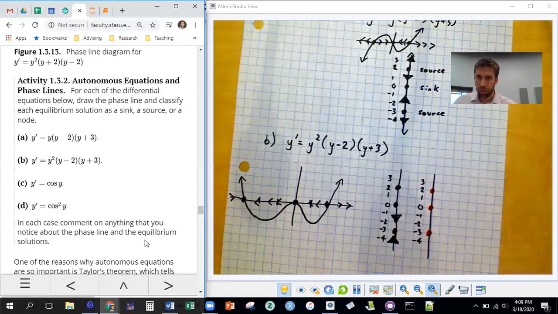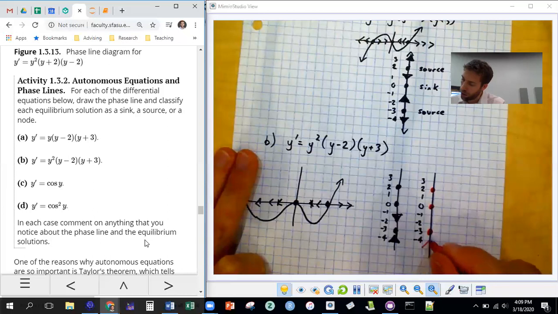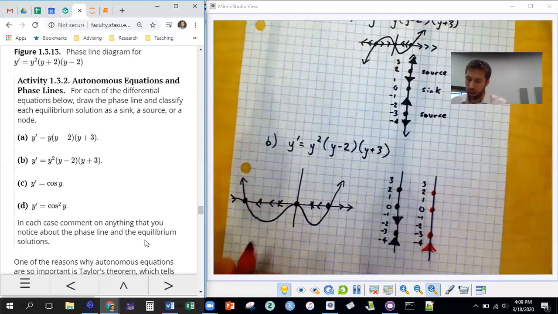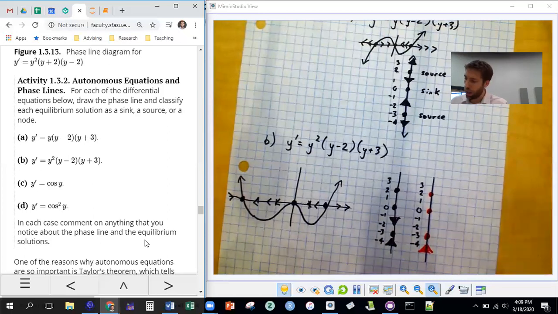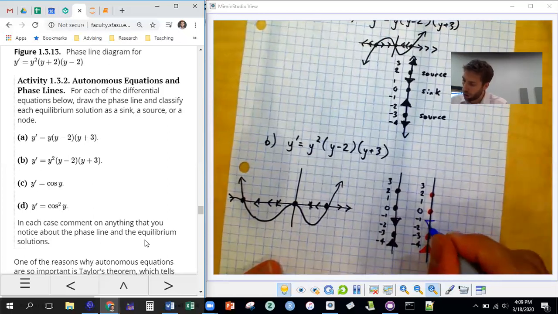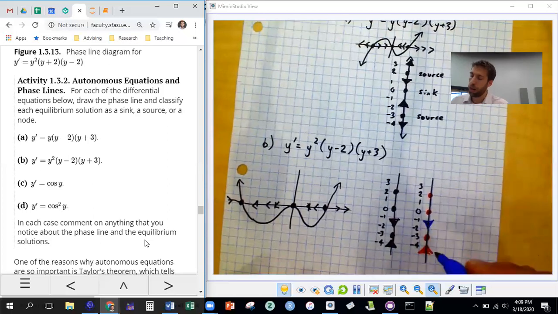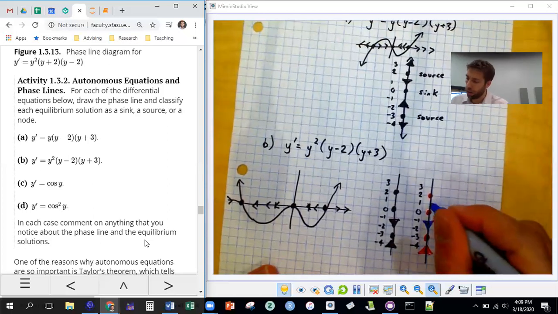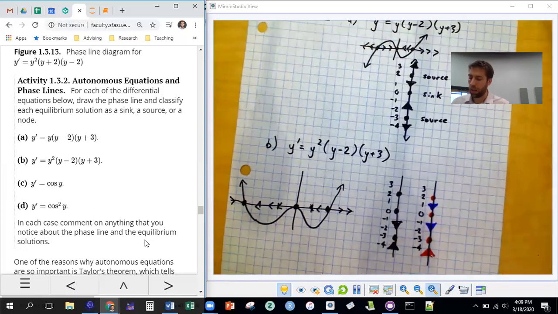Let's make up red and down blue. So here, up. And then here, it's going down. And here, it's going down. And here, it's going up.